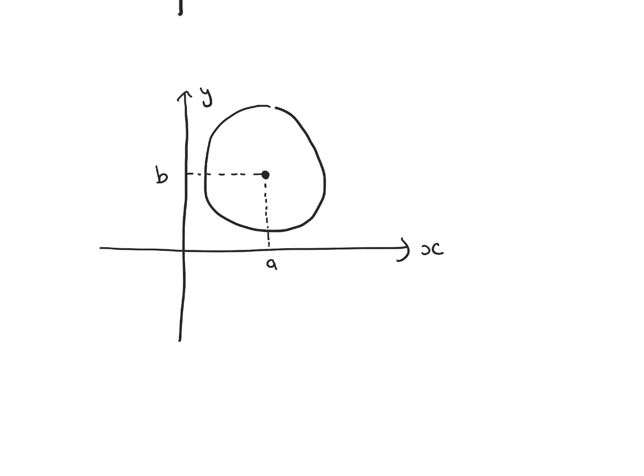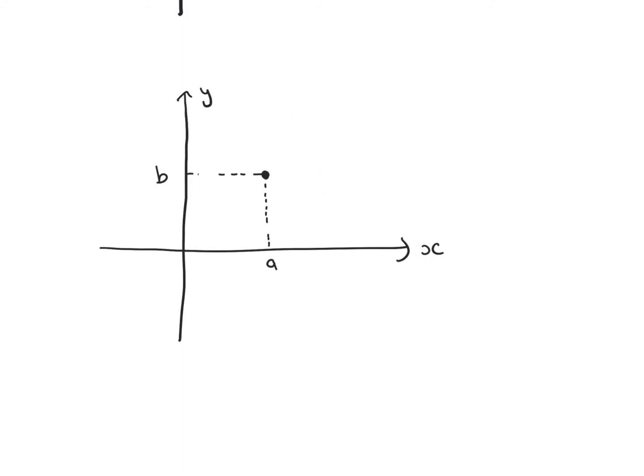So if I were to draw an axis again, x and y, this time I'm going to put the centre of my circle here at the point a, b, and draw a circle with radius r from here.